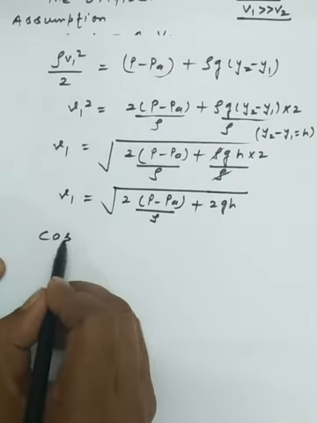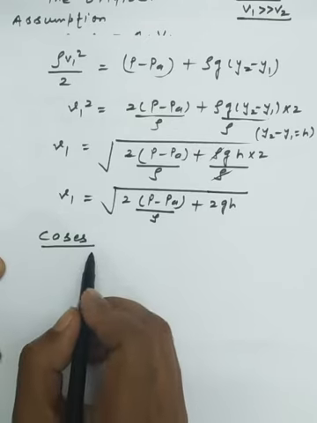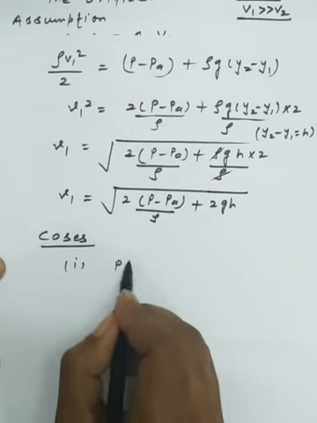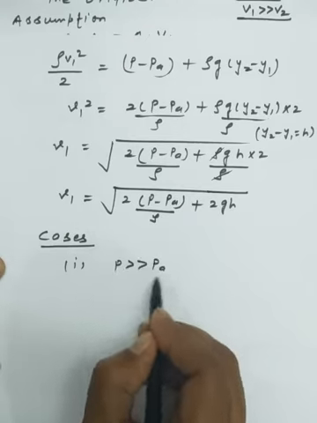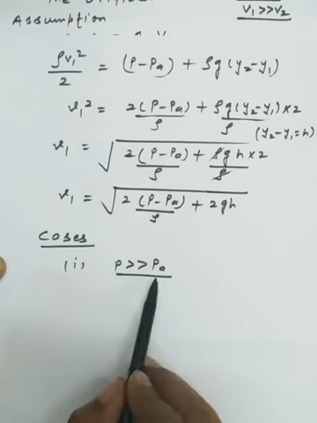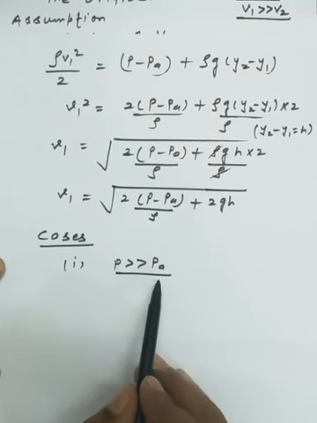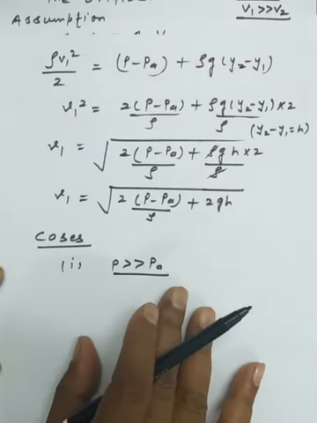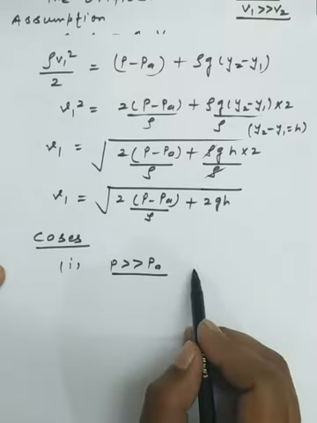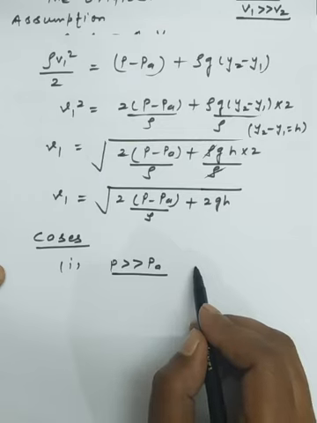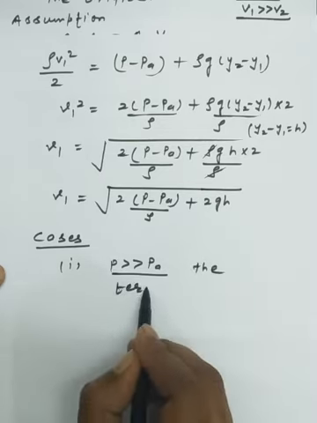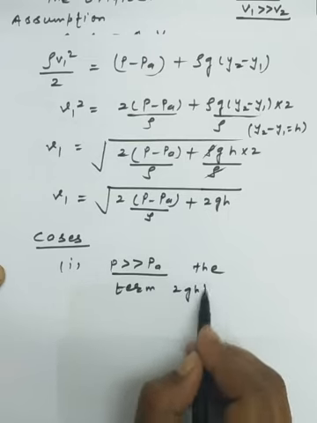Now there are two cases here. As the first case, we assume that P is greater than PA, that means the container pressure is much greater compared to the atmospheric pressure, so the velocity of the liquid through the orifice is governed by the container pressure. So here we can neglect the term 2gh.